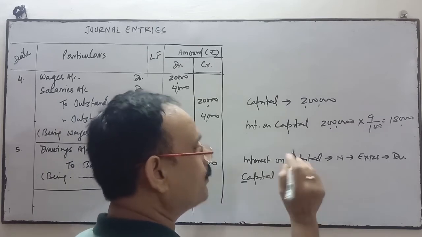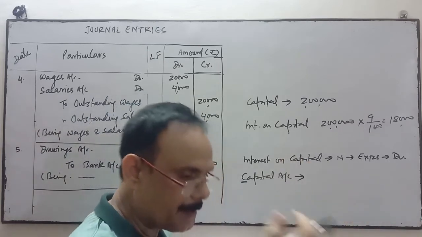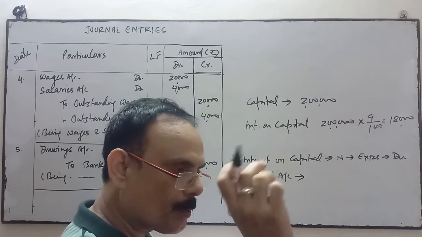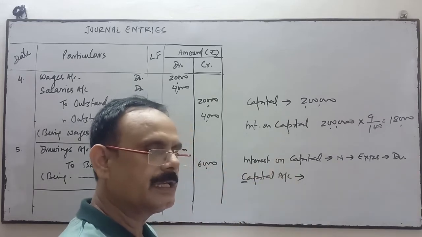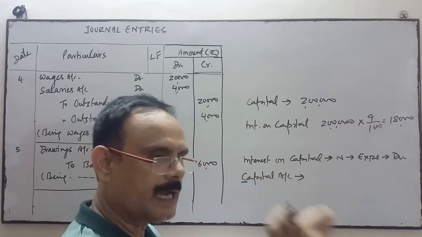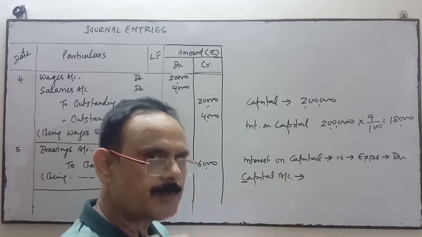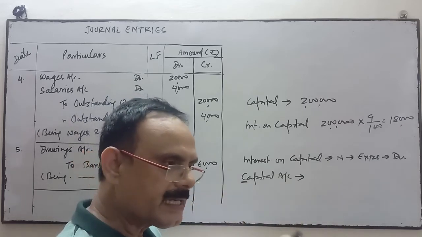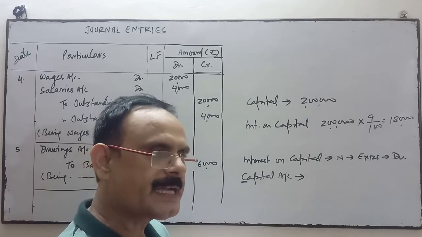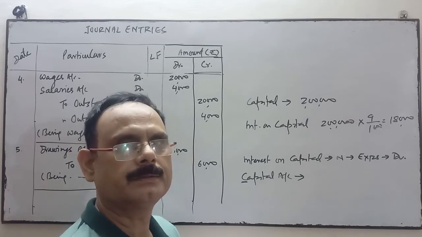We have not given the interest to the proprietor. It means the proprietor's money is in the business. The proprietor has given that amount to me.